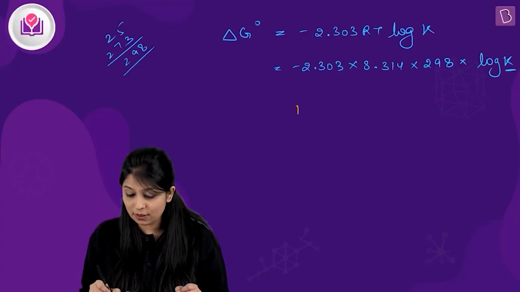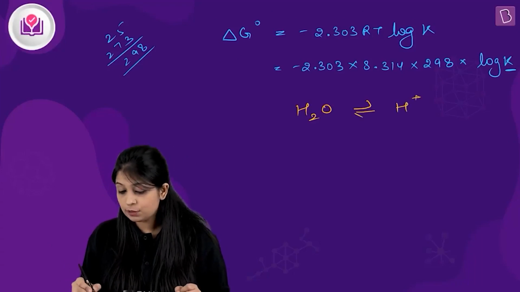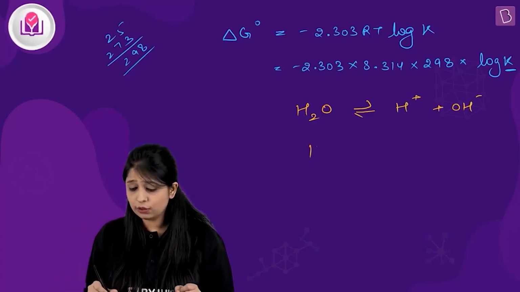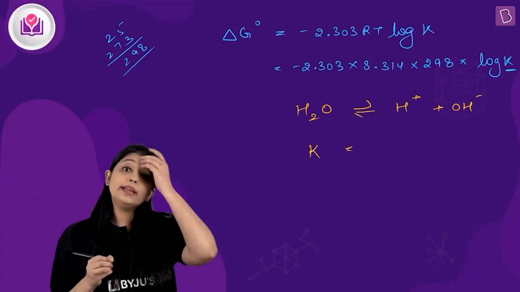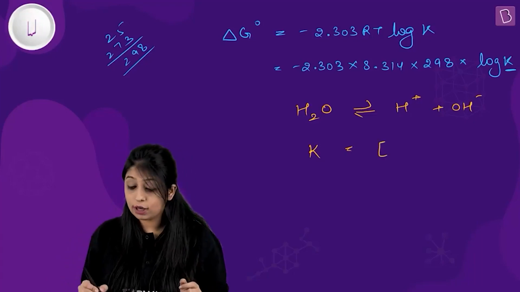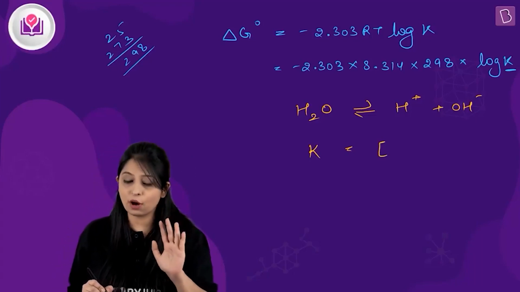And which equation is given to us? That is H2O in equilibrium with H plus ions and OH minus ions, right? So if we want to calculate the value of the equilibrium constant for this reaction, it will be given by the product of the concentration of the products raised to the power of their stoichiometric coefficients.